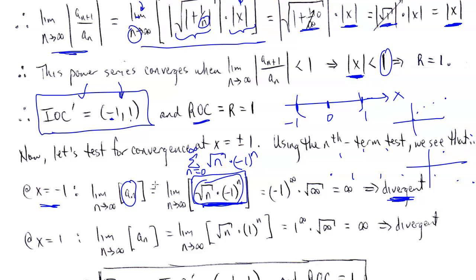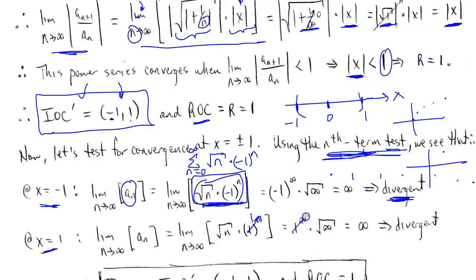And really, the nth term test for divergence tells us that unless we get our limit of the sequence that makes up our series going to 0, we know that the corresponding series is going to diverge anyway. Okay, and of course, if we plug in a +1 here, we see that we end up with the same thing. Okay, so here 1 raised to the n, at the end of the day, this is just going to be 1.